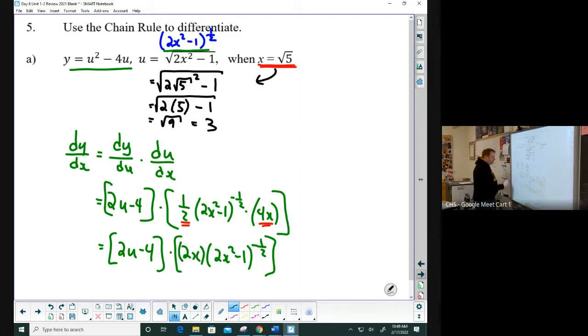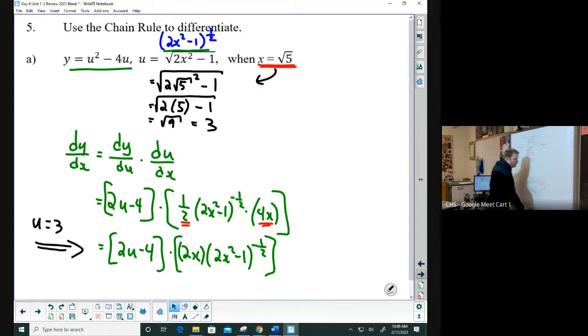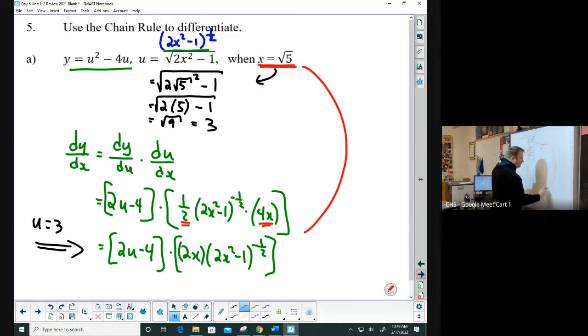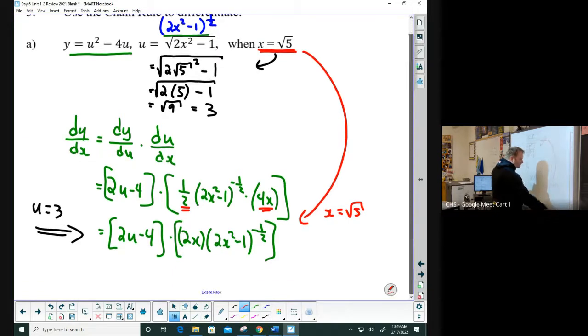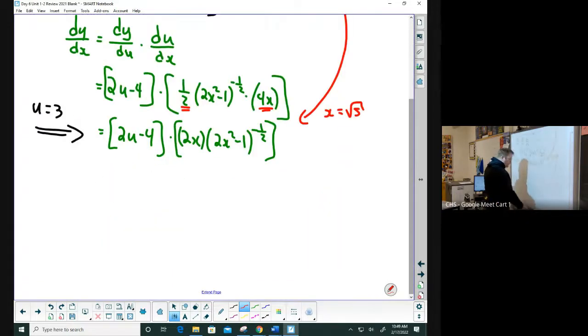So I'm going to take u equals 3 and plug it into the first part, and I'm going to take x equals root 5 and plug it into the second part. By the way, I'm done calculus. I'm now just plugging in numbers. So don't try and apply any more calculus rules or bring exponents down or anything like that.